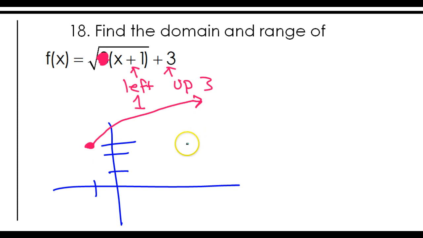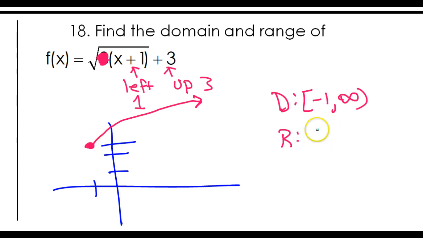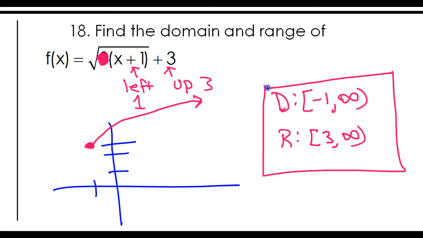So that means the domain is going to be the x values from -1 to infinity. Then the range, which is the y values, starts off here at a y value of 3. So it's going to go from 3, and then it goes on up forever, so 3 to infinity. So this would be the domain and the range.